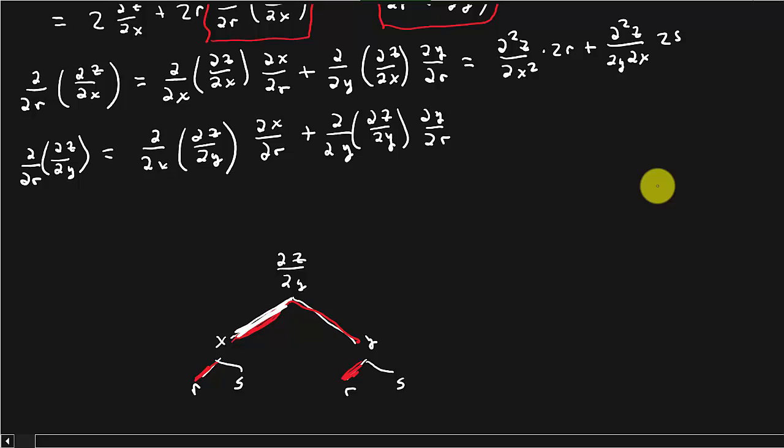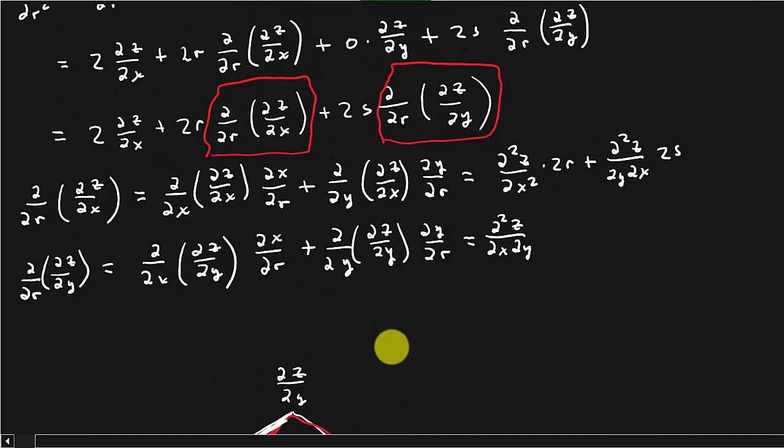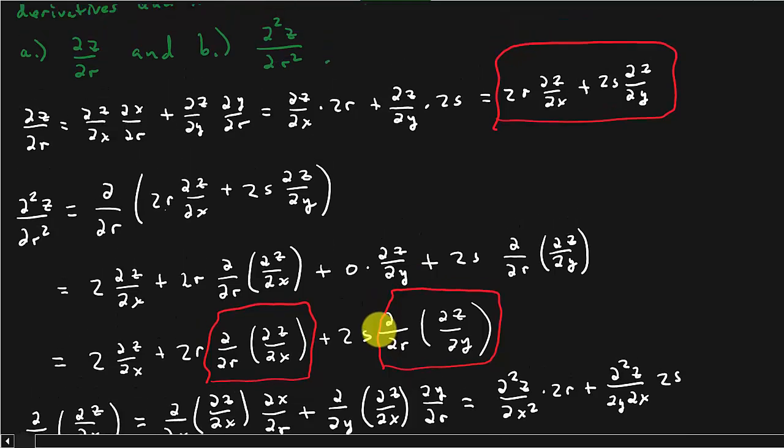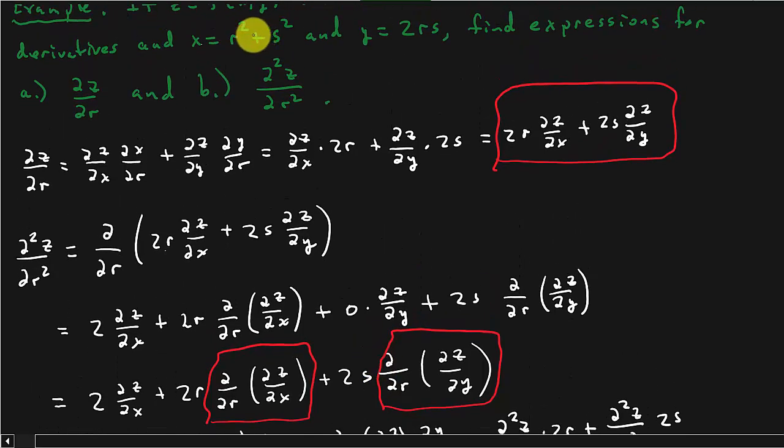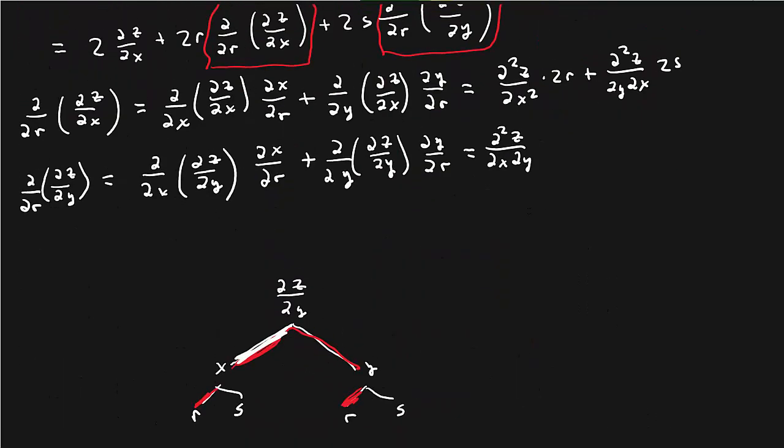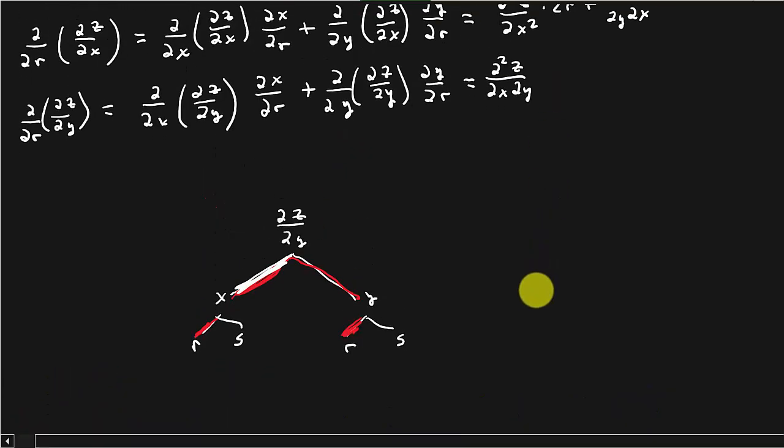All right. So we've got, this would be the second partial of z with respect to x, then with respect to y, times the partial of x with respect to r. Partial of x with respect to r is 2r. That's 2r.